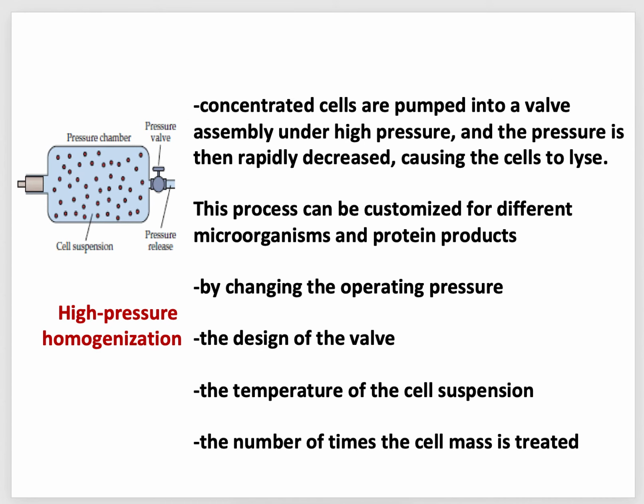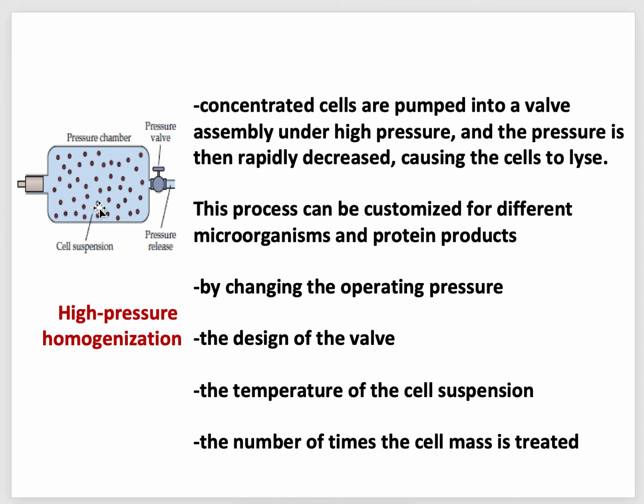Now, high pressure homogenization. What I mean is, how do the cells get disrupted by this process? Think of this as a high pressure homogenizer; the homogenization will be done inside it. Concentrated cells are pumped into the valve assembly under high pressure.